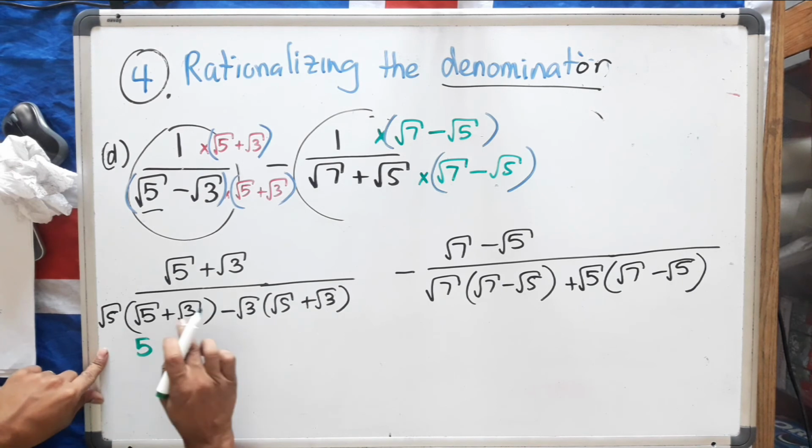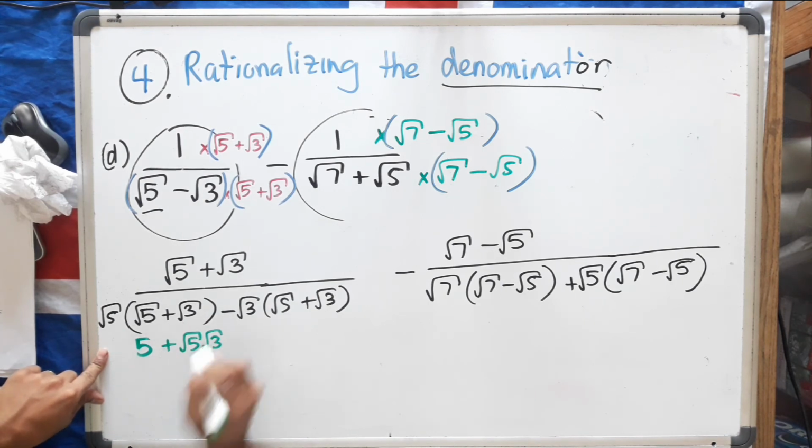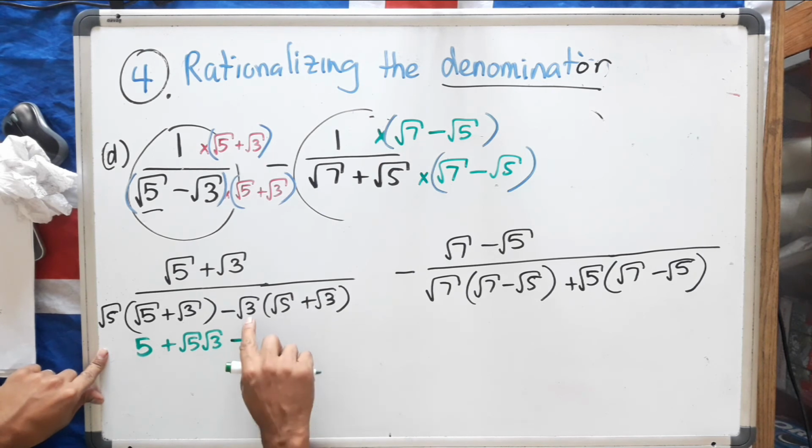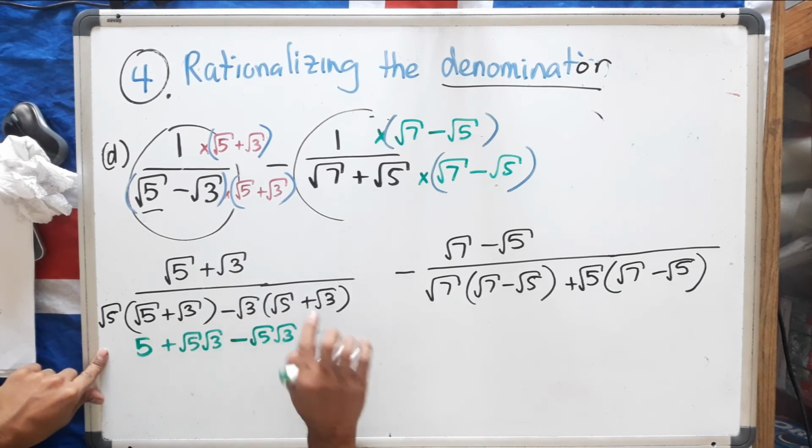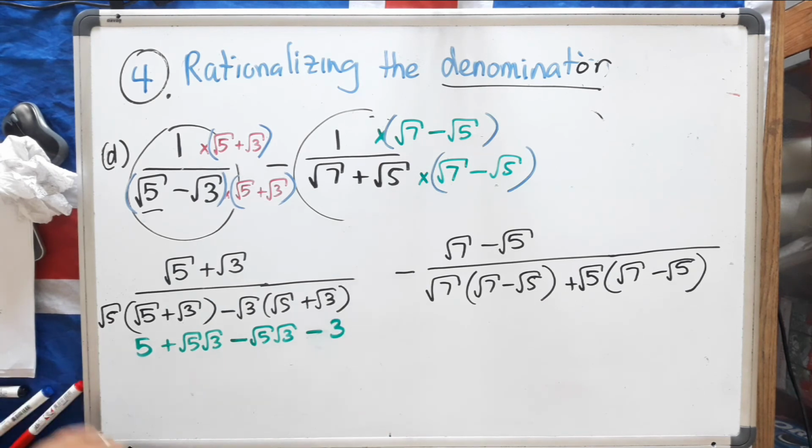And the square root of 5 by the square root of 3 is just the square root of 5 by the square root of 3. Minus the square root of 3 multiplied by the square root of 5 is the square root of 5 by the square root of 3. Oh, well, there's a slight mistake here. Negative and a positive is a negative. The square root of 3 multiplied by the square root of 3 is just 3.